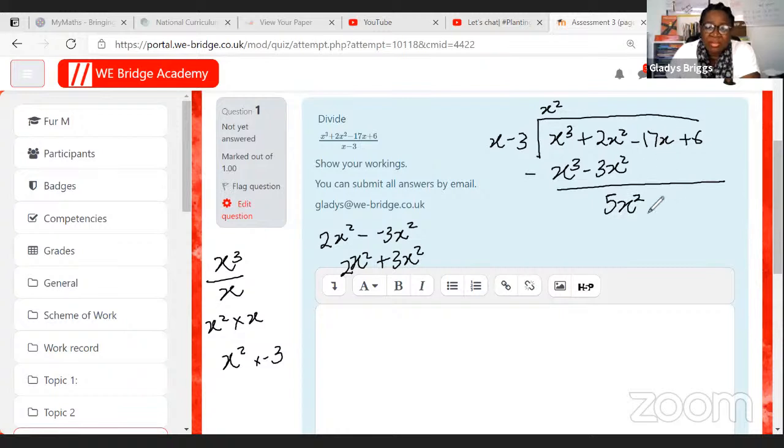And then you have to bring down the other terms, negative 17x plus 6.